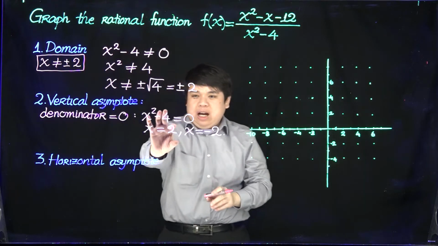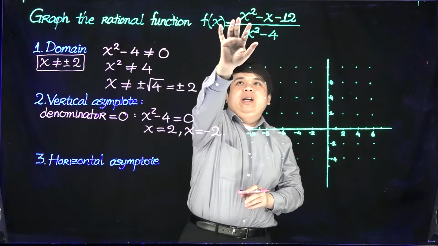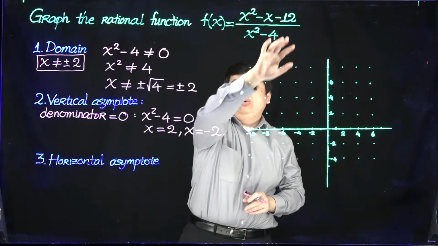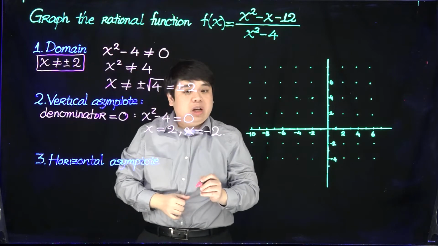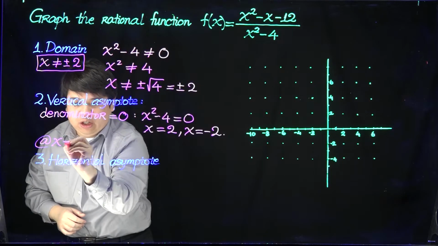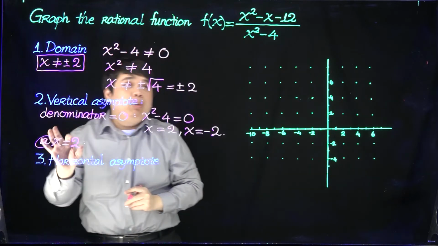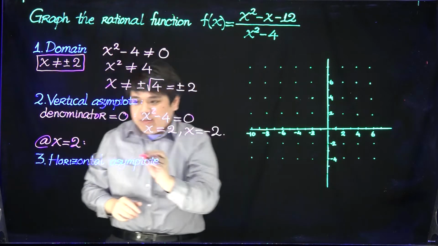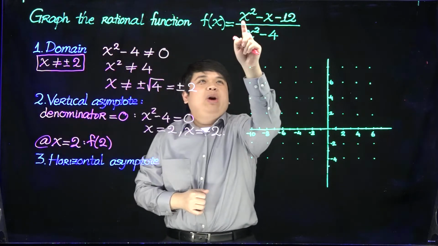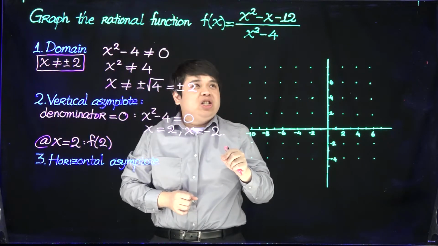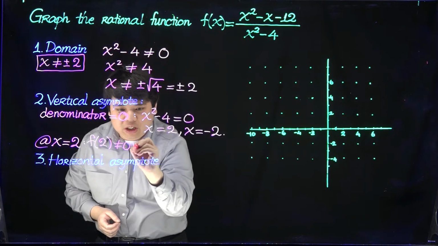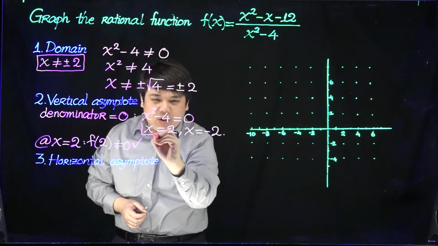We do need to make sure that when x equals 2, putting it in the function, the top is not equal to 0, and likewise for x equals -2. So when x equals 2, we put 2 in the top, and we have 2 squared minus 2 minus 12. That's not equal to 0, which is good. So we have one vertical asymptote.